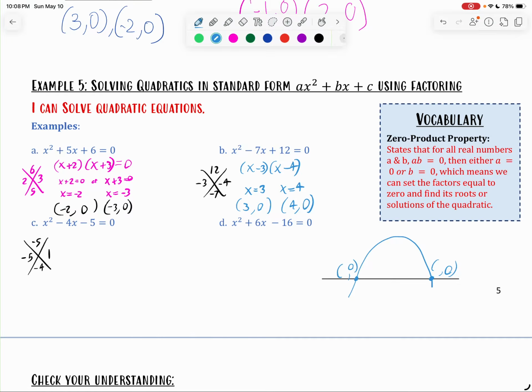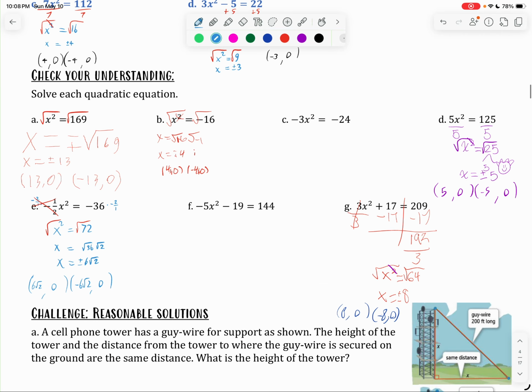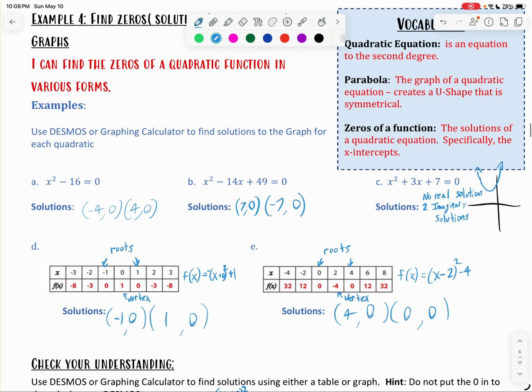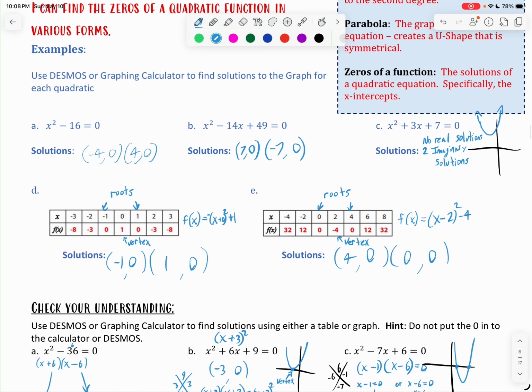Now, we've solved using different methods before. We've solved equations by just taking the square root of a function, and that definitely works. We've also solved quadratic equations by putting them in a calculator and finding out where those solutions are.